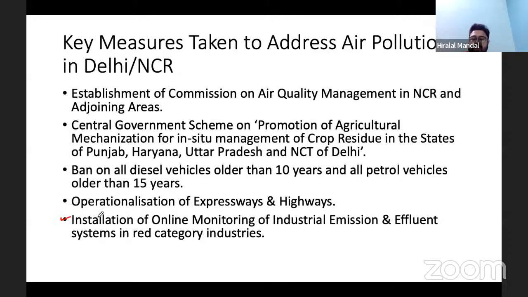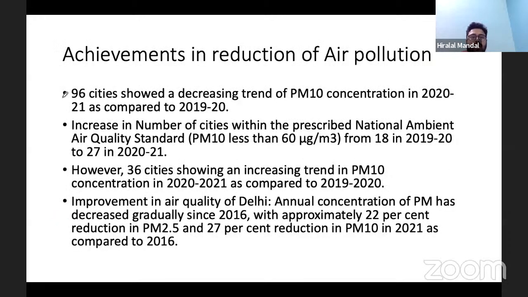The result can be seen in 19 or 96 cities showing a decreasing trend of particulate matter, PM10 concentration, compared to 2019-20. The number of cities within the prescribed national ambient air quality standards has also increased from 18 to 27.